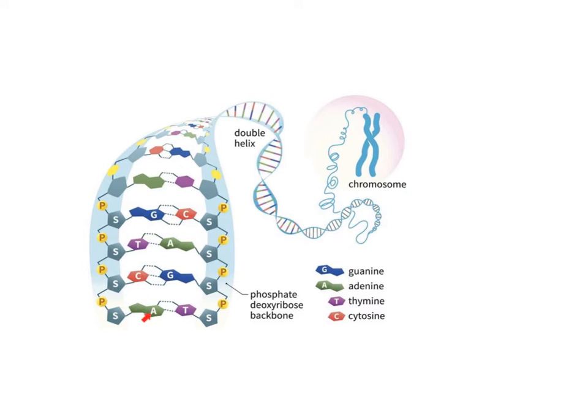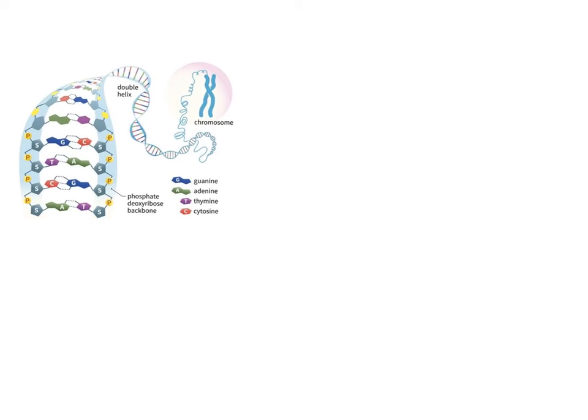So you start at the 5' end and keep reading, and this would be the 3' end here. Reading it the other way, you'd read the letters as if it were a book.